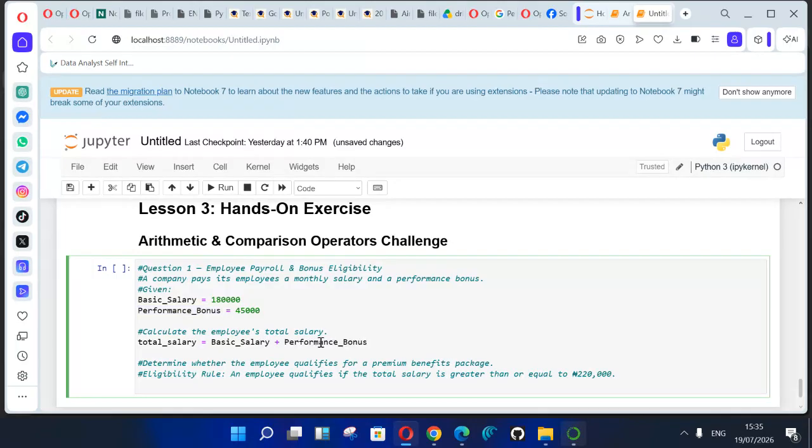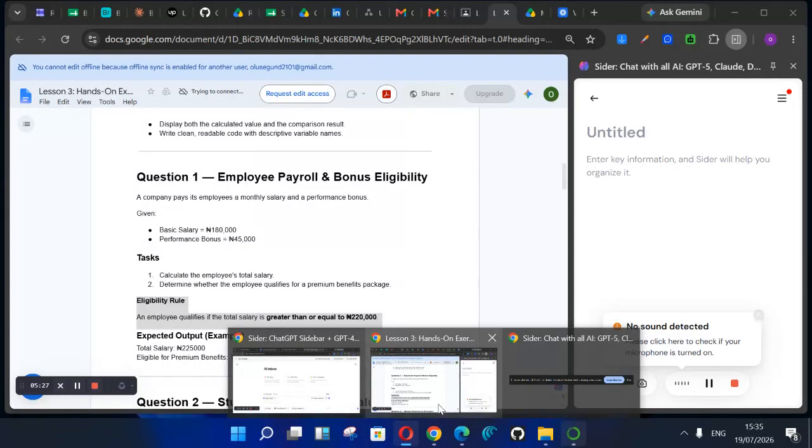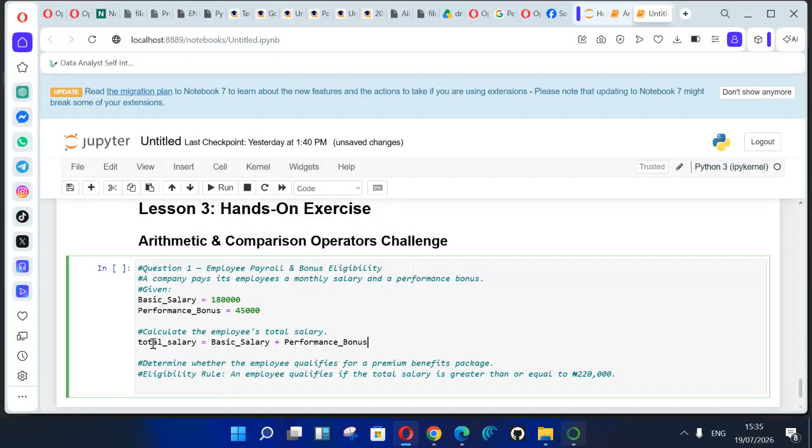We are giving the variable a meaningful name. There's no need for us to say total salary is equal to 180,000 plus 45,000. Since each of these numbers has its variable, there's no need to be using numbers. We should just make it clean. It's Python we are using, so it understands what we are trying to do.